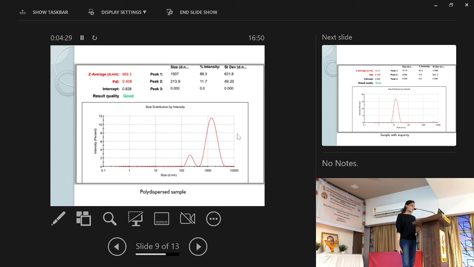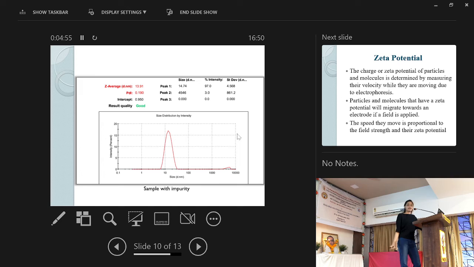Now this is also a polydispersed sample, but we can see that these are sharp peaks, meaning whatever particle size distribution is there, it is in a narrow range. So even though the PDI is more for this sample, the result quality is good because the particles are in the range. They are not giving wide peaks.